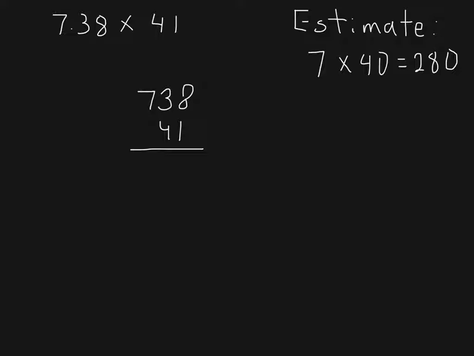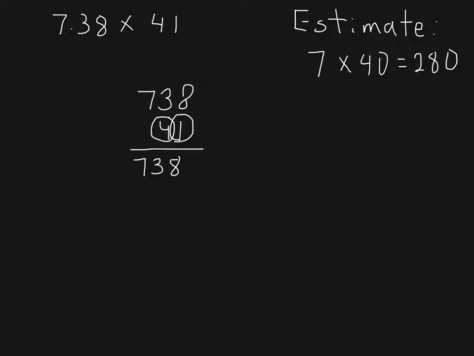I'm going to multiply by the part of my second factor that's in the ones place, and it is a 1. So this is really easy. 1 times 738 is 738.